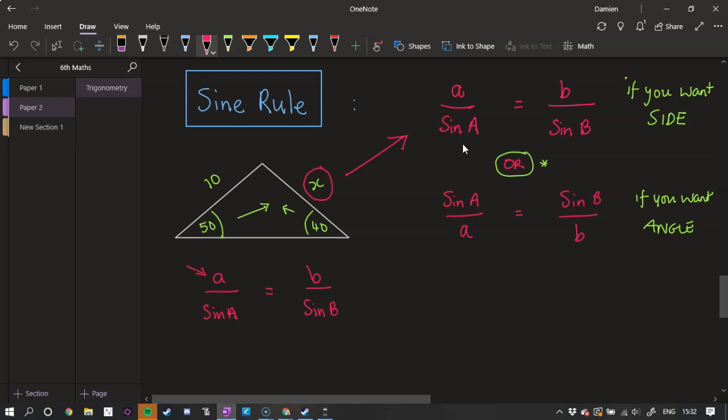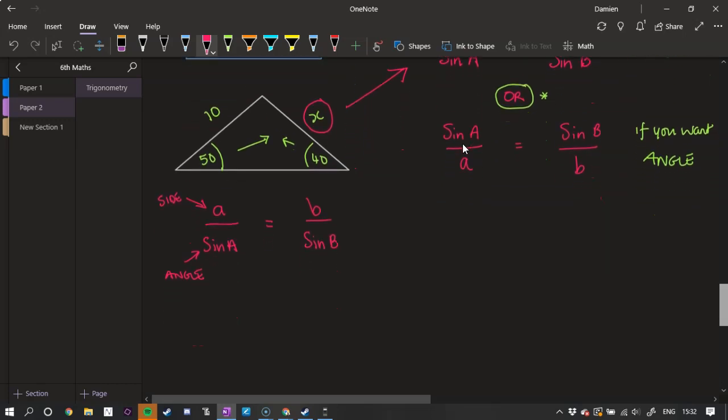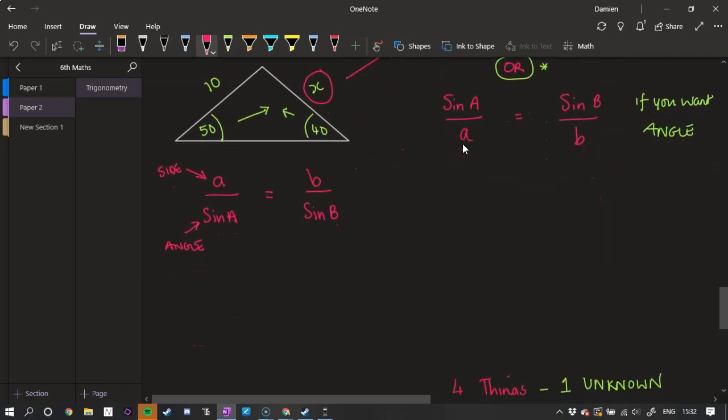And basically this here is a side, and this one here is the corresponding angle that's opposite it. So if we're actually doing this here, we're going to put the side that we want. So that's going to be x. So we put our x in. So that's the side that we want over the sine of the angle that's opposite it.